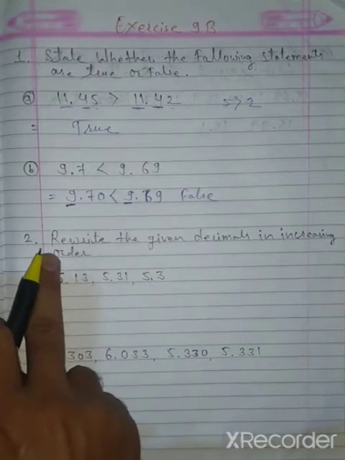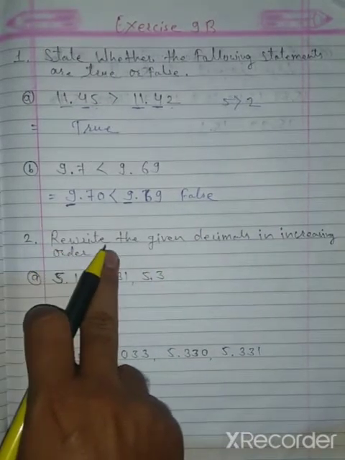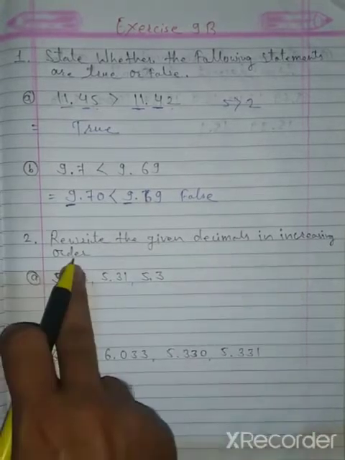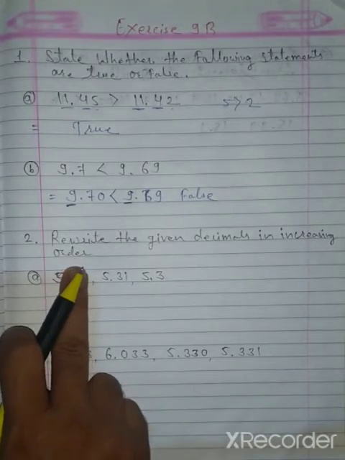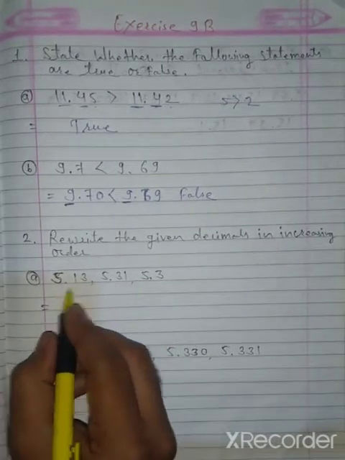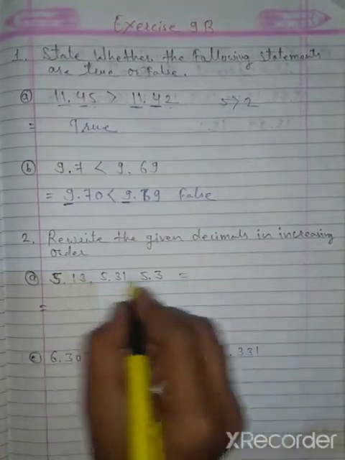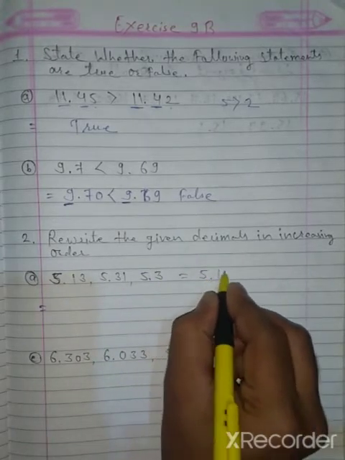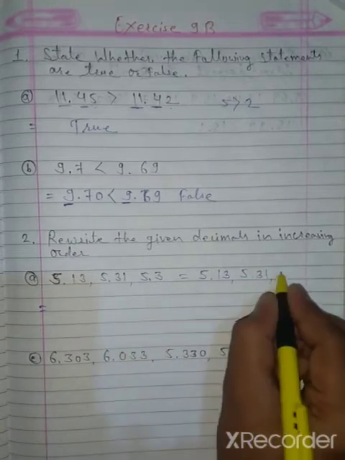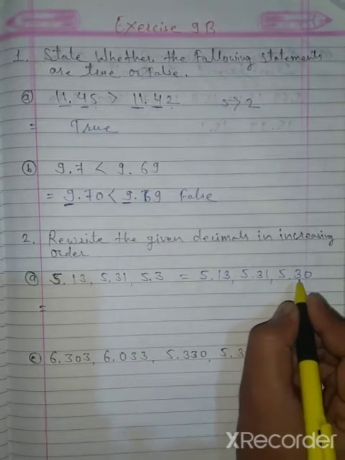Now check question number second. Rewrite the given decimals in increasing order. You have to write in increasing order. Increasing means ascending order. So first of all convert into like decimals: 5.13, 5.31, now 5.30.